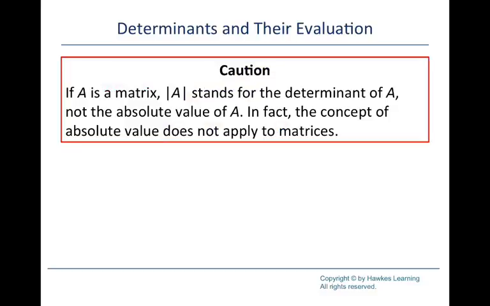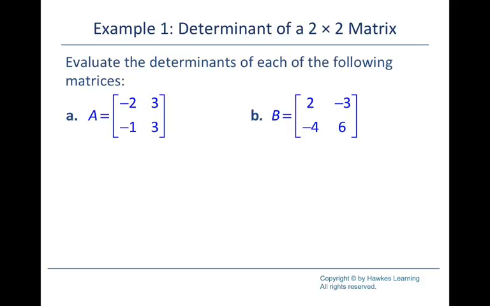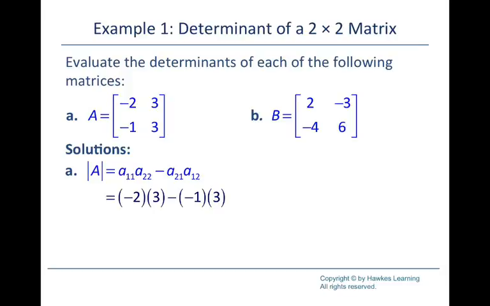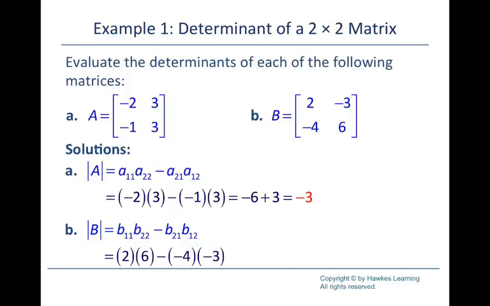Alright, so evaluate each of these determinants. For A, you're going to have negative 2 times 3 minus negative 1 times 3, which is negative 6 plus 3, or negative 3. For B, you're going to have 2 times 6 minus, parentheses, negative 4 times negative 3, or 12 minus 12, which is 0.